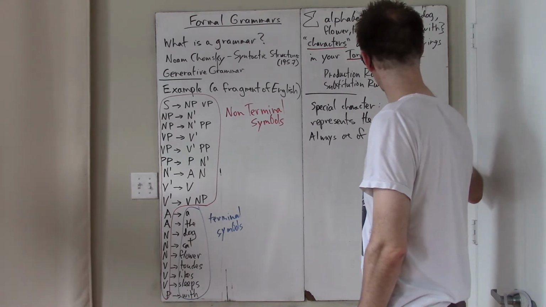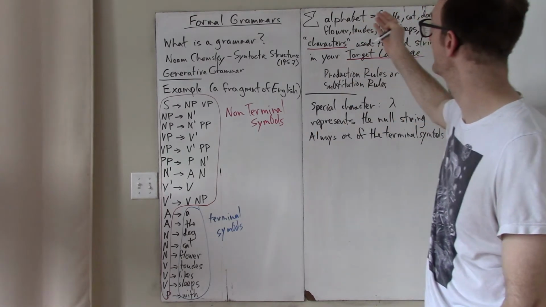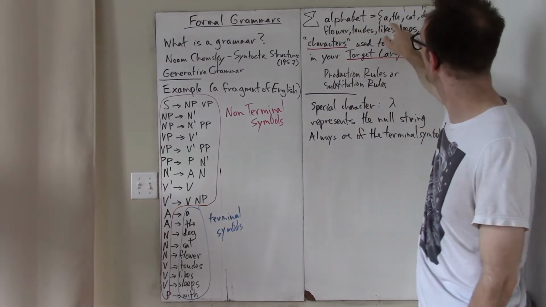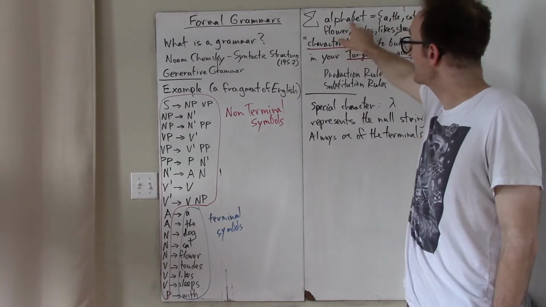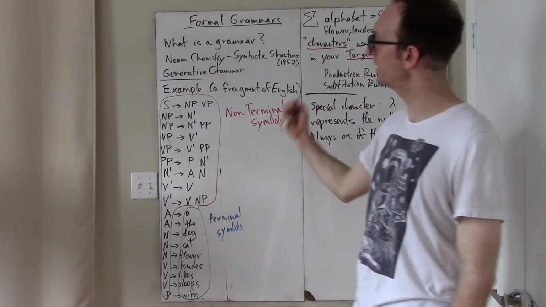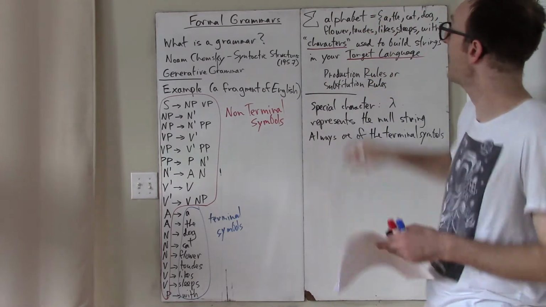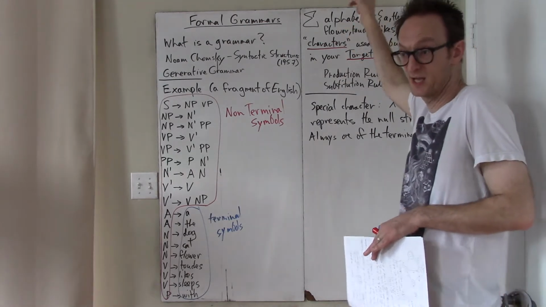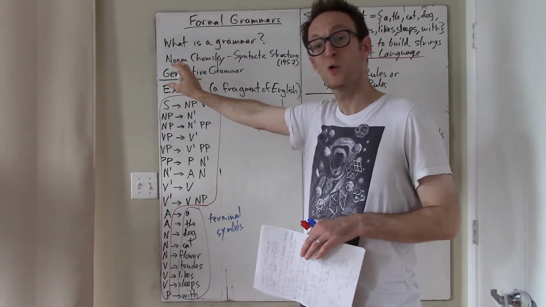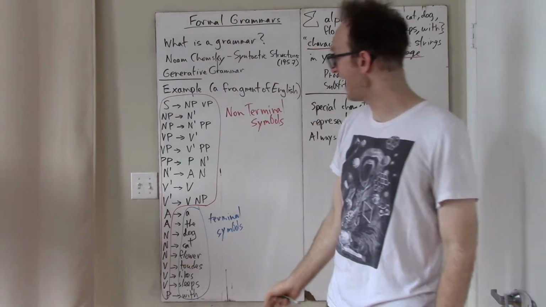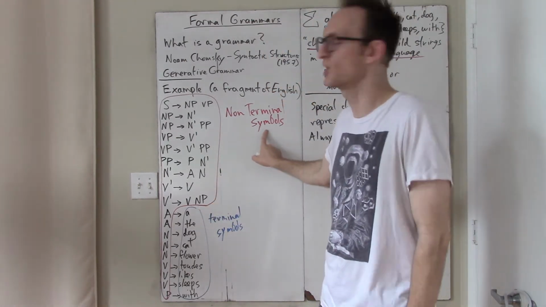In other words, you can think of it like this. There is our target language, and there are the characters of our target language that we're interested in, and that's the alphabet. The goal of the grammar is to generate combinations of the elements of this alphabet into sentences. And for the purposes of our grammar, we introduce new symbols. The non-terminal symbols are non-terminal in the sense that we're not done with them.